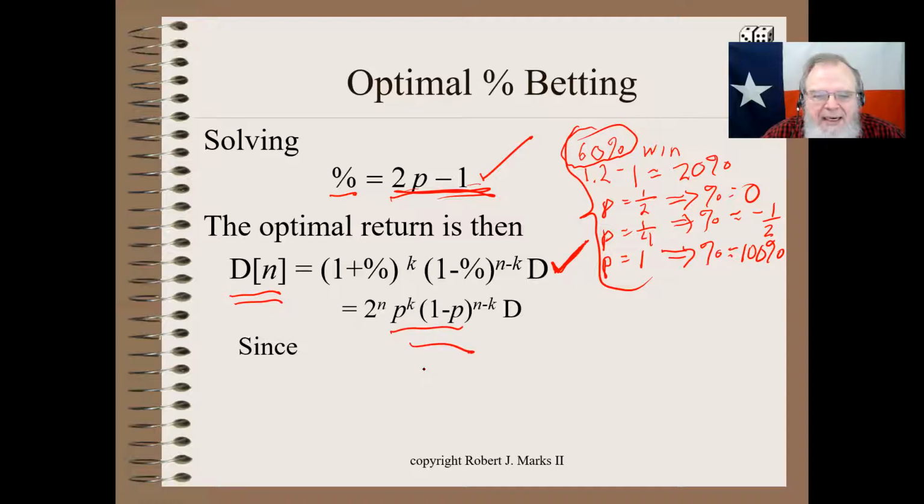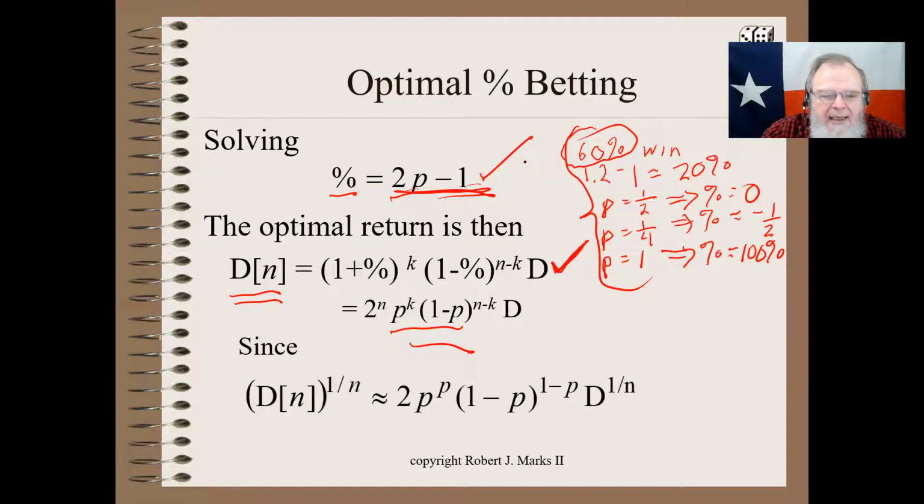And then we're going to take the nth root of that, because this is going to be a useful result. So if we take this number raised to the 1 over nth power, we get 2.